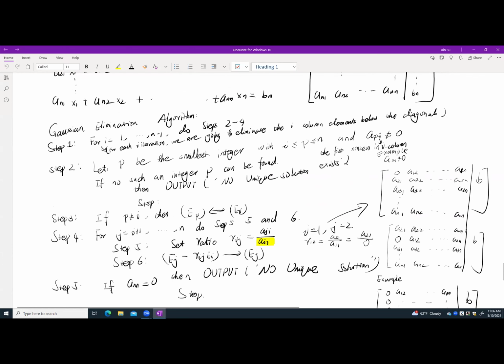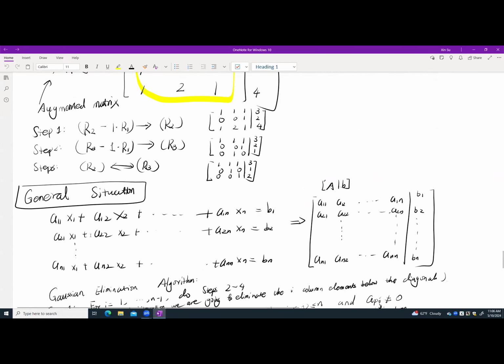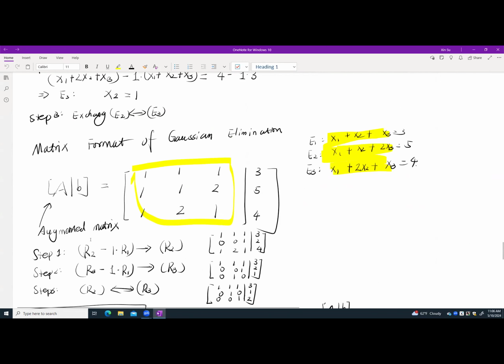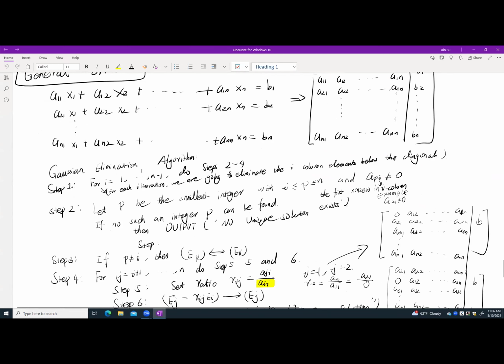We have talked about the Gaussian elimination algorithm, and this is the general situation. This is a general matrix, and we put the left-hand side coefficients here and the right-hand side coefficients here, and then we do the Gaussian elimination in this way.